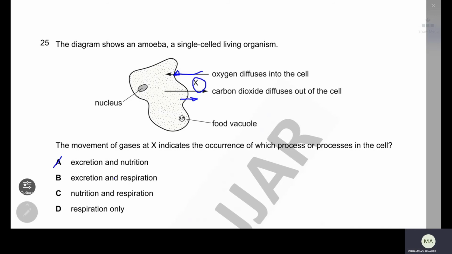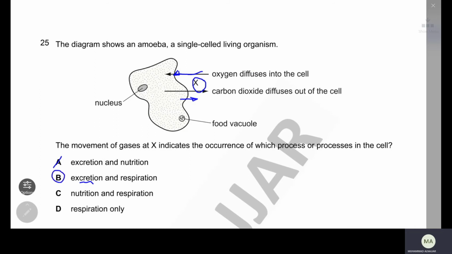Excretion and respiration. It is excretion because they are excreting the carbon dioxide as a waste metabolic product. And respiration as well. Why? Because oxygen is being diffused into the cell, which is considered a way of respiration but on a single cell level. So B is correct.